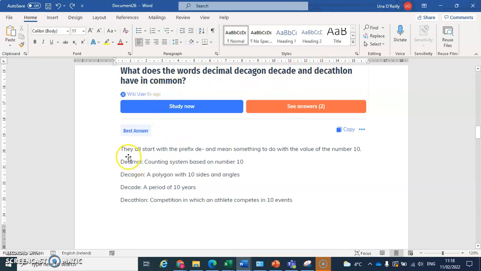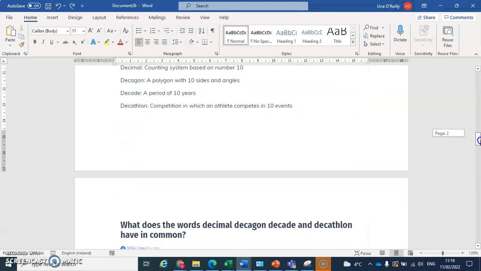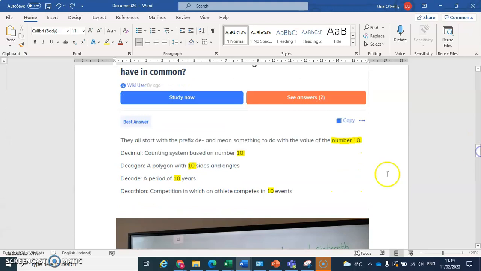It tells you here, they all start with the prefix DE and mean something to do with the value of 10. Decimal, a counting system based on the number 10. Decagon, a polygon with 10 sides and angles. A decade is a period of 10 years. A decathlon, a competition in which an athlete competes in 10 events. So when you see DE and DEC, a lot of the time it's to do with the number 10.